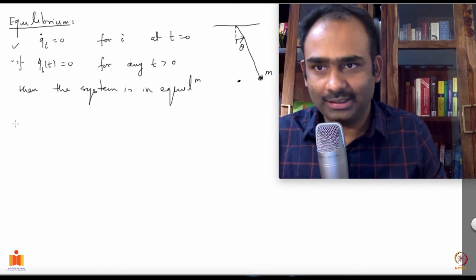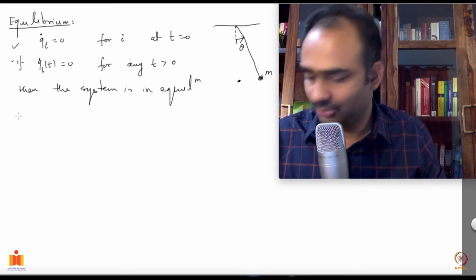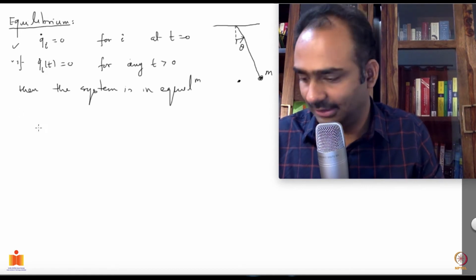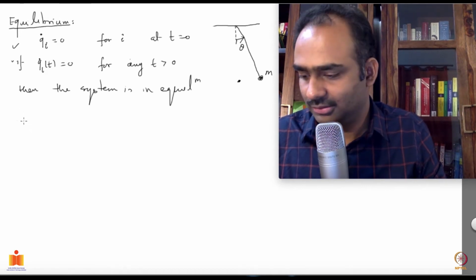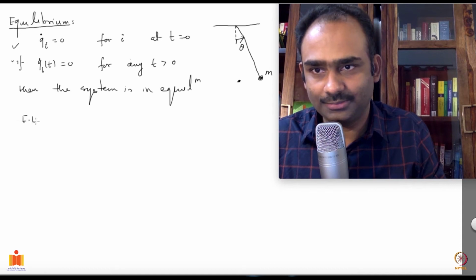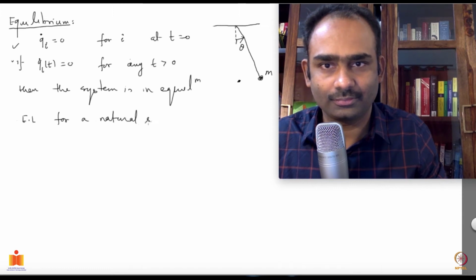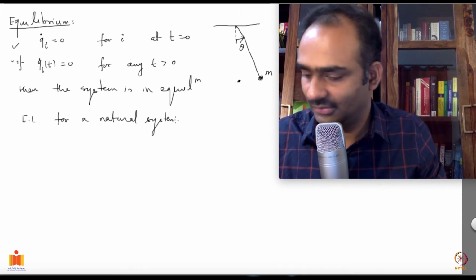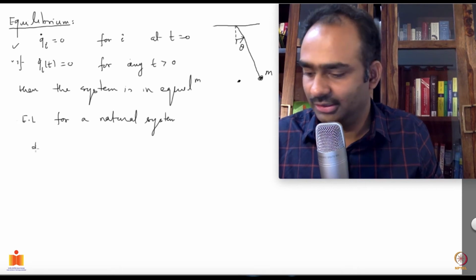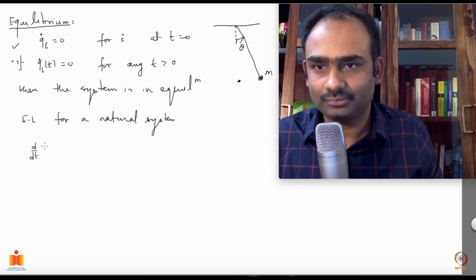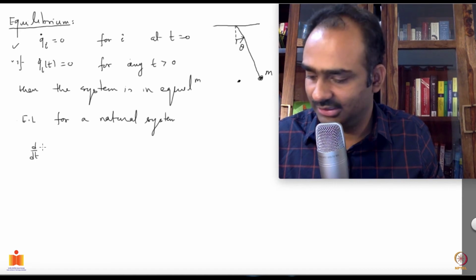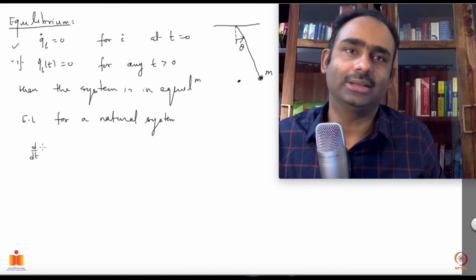So we start by looking at the Euler Lagrange equation, because that is what tells you how the system is going to evolve with time. The Euler Lagrange equation for a natural system is d over dt of del L over del q i dot.